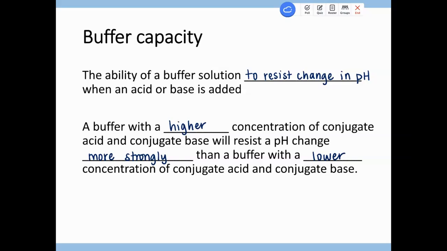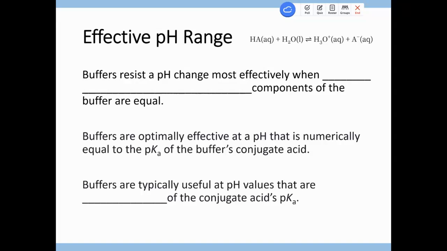And then effective pH range. So if you are, like I said, trying to create a buffer solution with pH of 4, then there is a group of acids that you should use, and they are acids that have pKa's around 4.